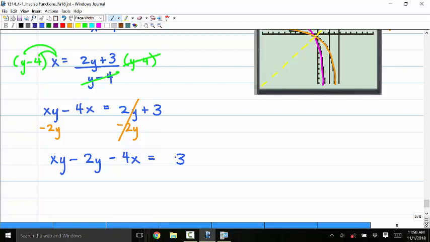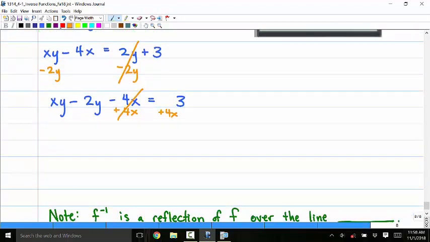Three more steps. What's the next step? Not yet. You got to get that 4x over to the right. Add 4x to both sides. So you have xy minus 2y is equal to 4x plus 3.